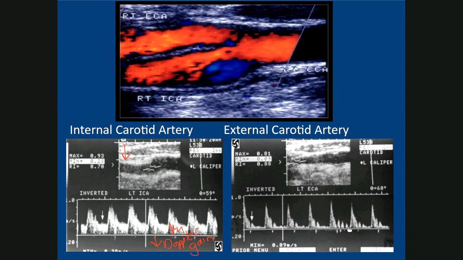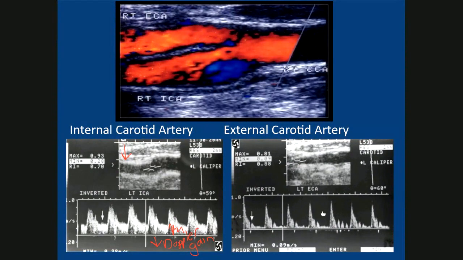Now, why do we do this when we can see that this is external because it has the sharp peak and the rapid deceleration and so forth? Why would we do this to differentiate it? Well, sometimes with disease, the external will mimic the internal because the arterioles vasodilate in an effort to get more blood to compensate for a possible occluded internal carotid artery.